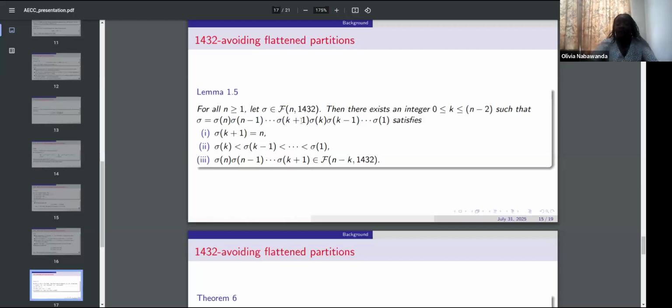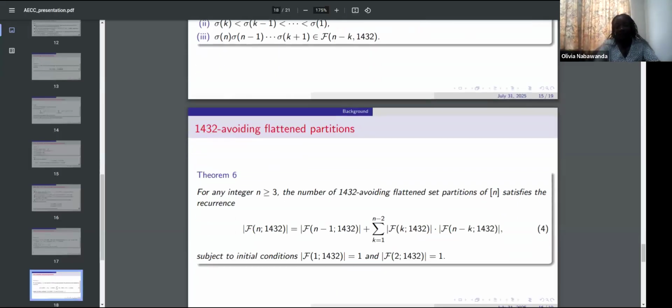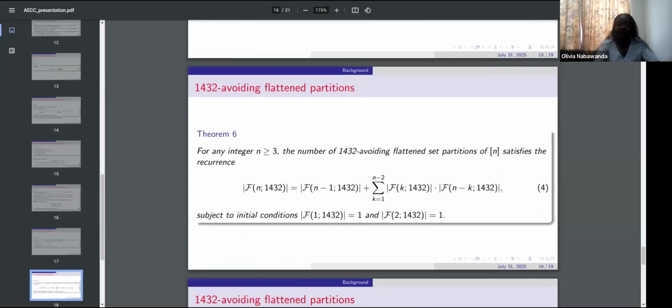Because its removal doesn't interfere with the avoidance of pattern 1432, that subword is still 1432 avoiding. Yeah, but the detailed proof, maybe when the manuscript comes out, you'll get a chance to look at it.